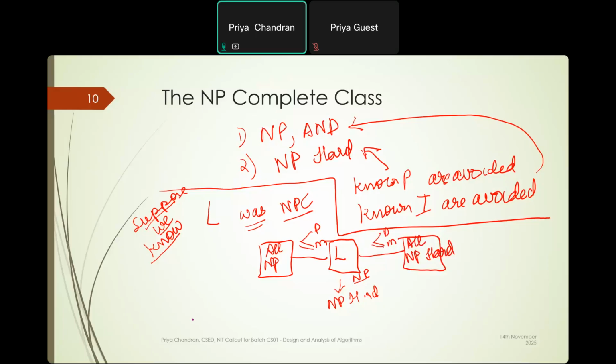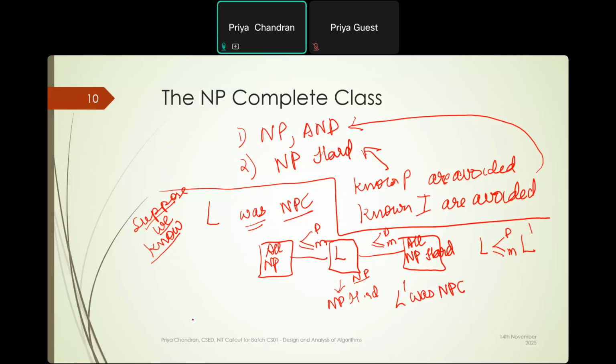Okay. So what does that tell us? If we have another problem L dash which is also NPC, then it would mean that L is polynomial time reducible to L dash, right?